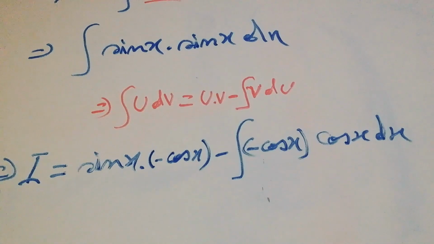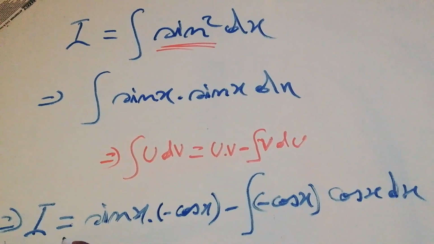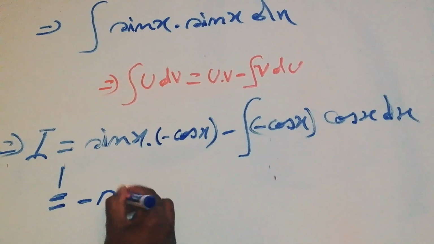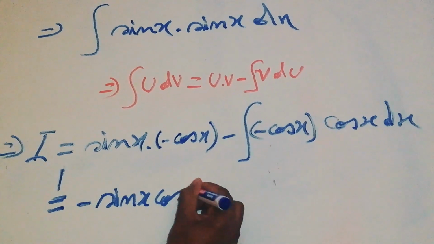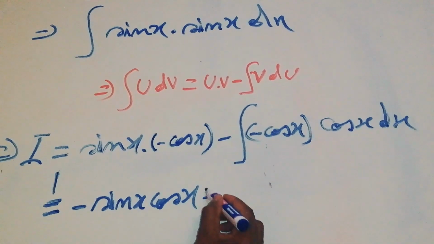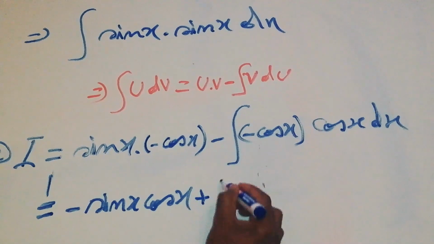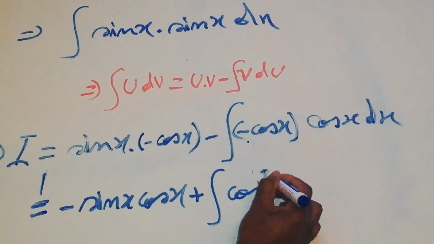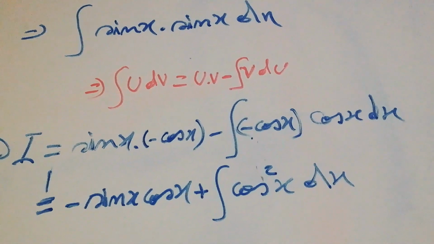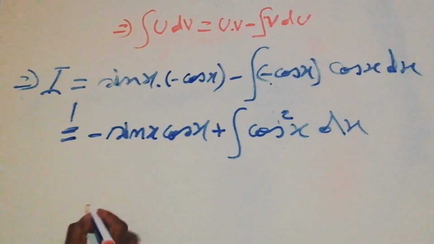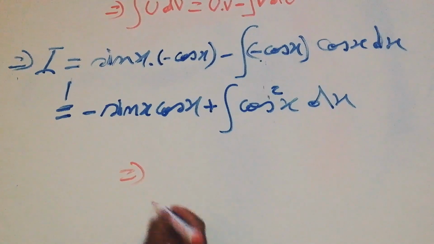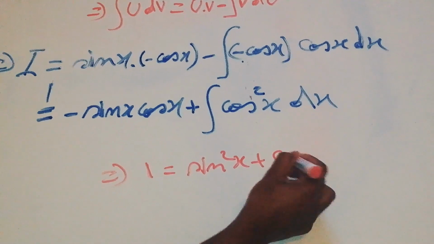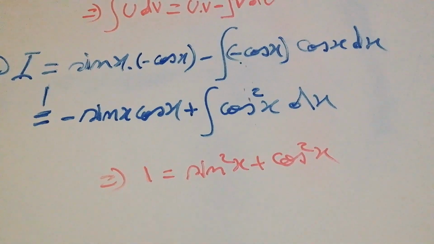So now we carry on this way. So that part there is now equal to minus sin x cos x, plus that multiplied by that, cos squared x dx. Okay, we know this trig property which states that 1 is equal to sin squared x plus cos squared x.